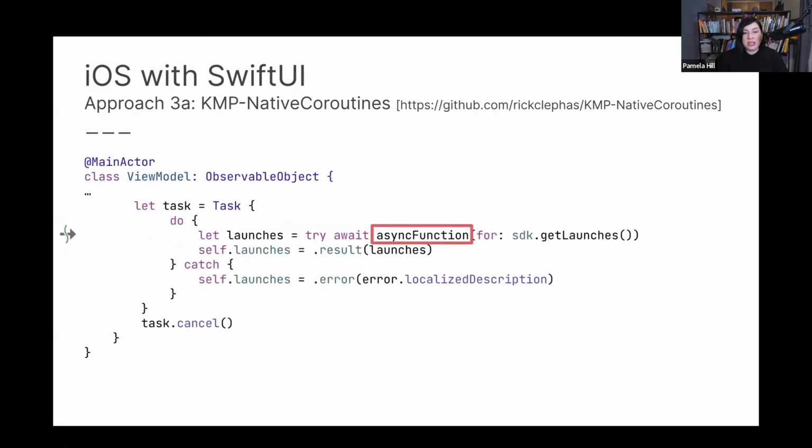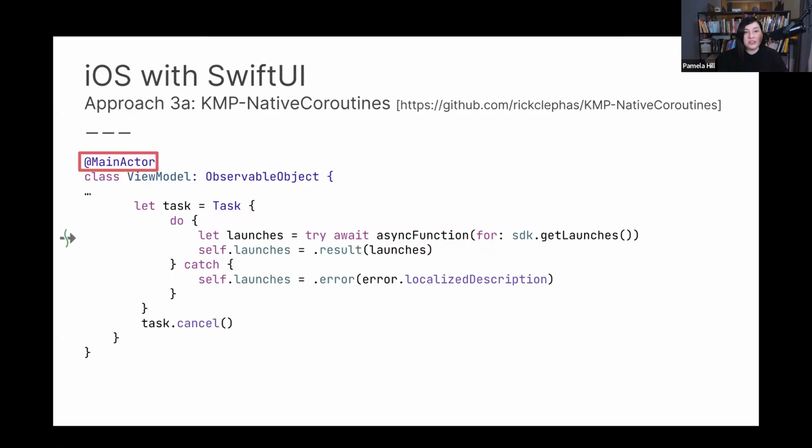Then you pair it with the async function library call. Like before, we had to mark our get launches function with @NativeCoroutines, and now we wrap that inside an async function, and the rest of it pretty much reads the same. Now we have cancellation support, but remember, the @MainActor is still necessary.